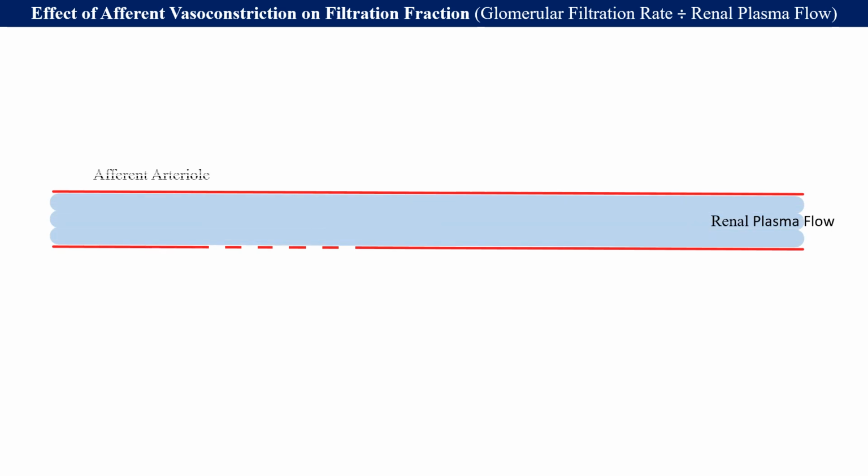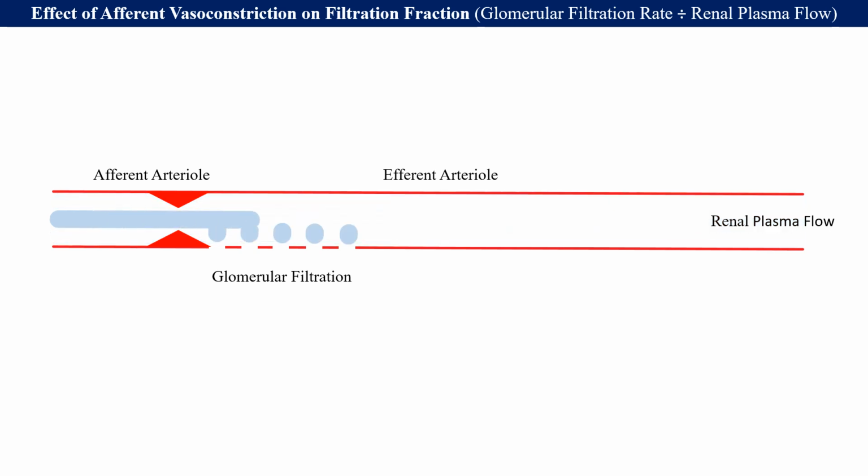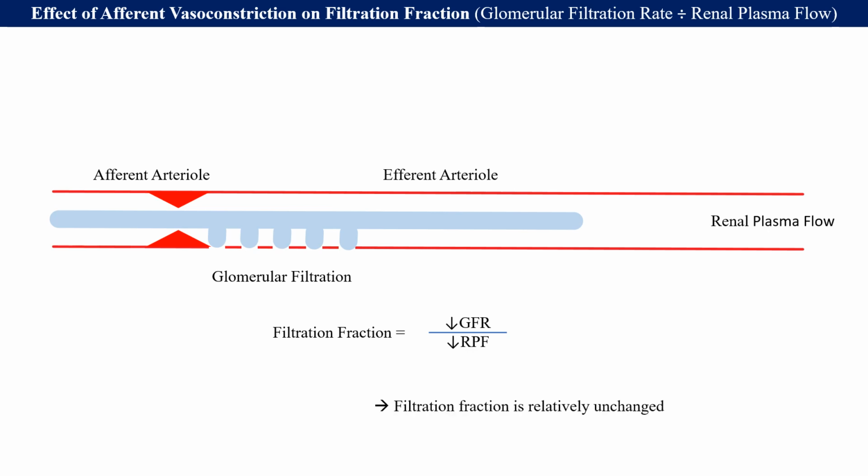What happens to the filtration fraction when there is afferent arteriolar vasoconstriction? Renal plasma flow will decrease, and so will glomerular filtration. As both the numerator and the denominator are decreased, the filtration fraction will be relatively constant.